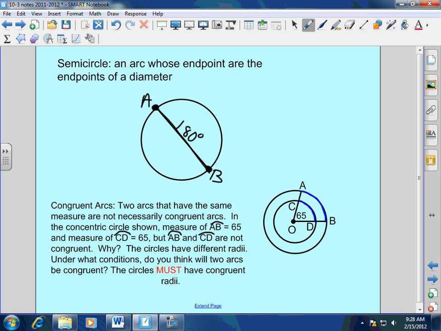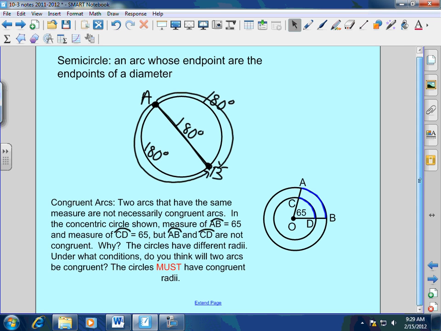So arc AB would equal 180. Now in this case, you have arc AB going this way, and you could have arc AB going this way. In this particular case, it does not matter because they are congruent. And with that, we're going to lead into congruent arcs and the difference between measures and actual values, okay?